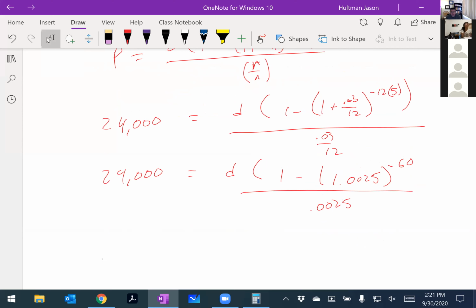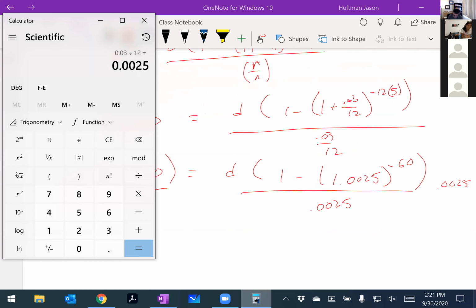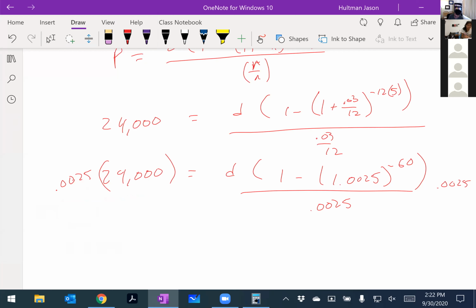So now I just need to do some algebra here. I'm going to multiply both sides by 0.0025, and I end up with 60 when I multiply that times 24,000. So 60 is equal to D times 1 minus 1.0025 to the negative 60th power.